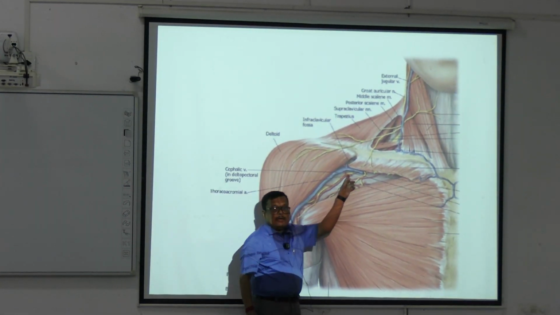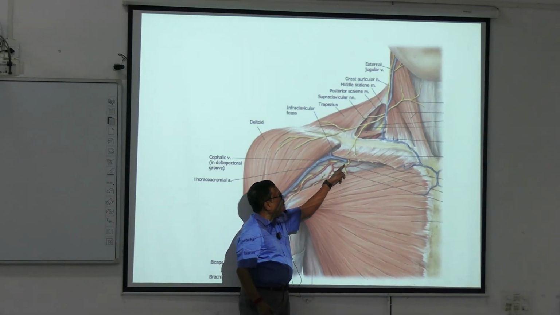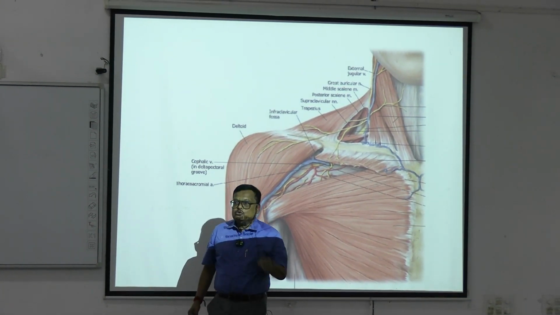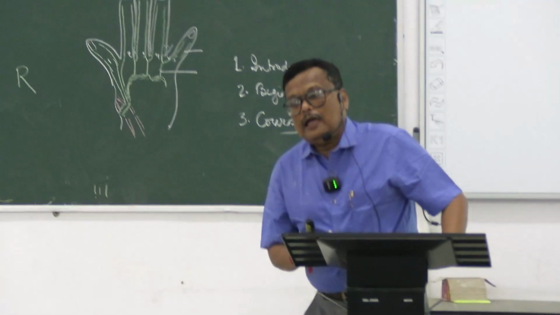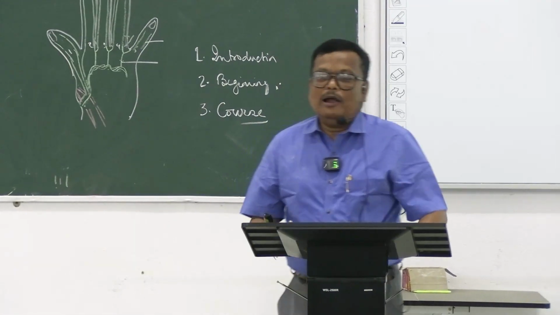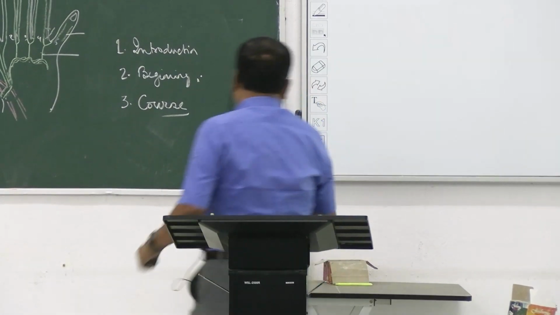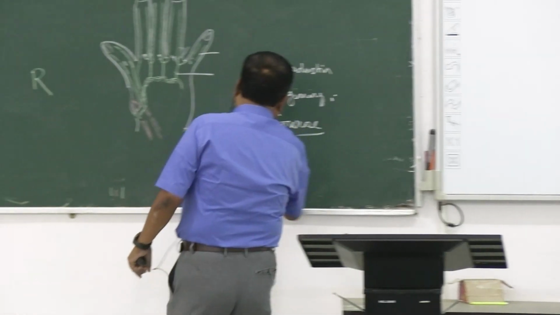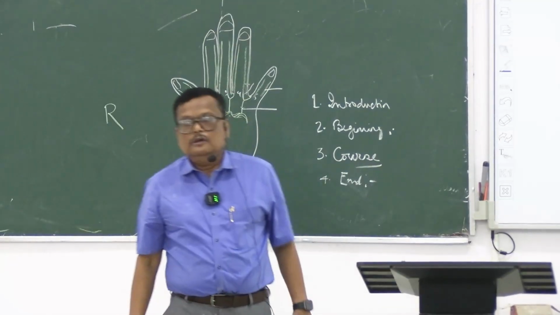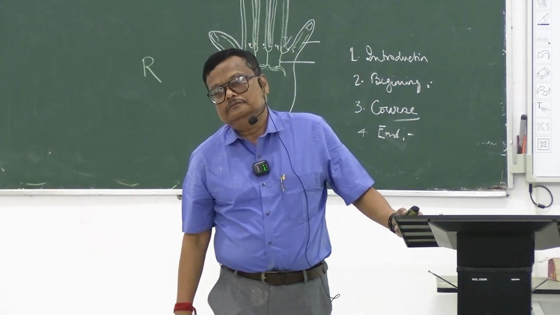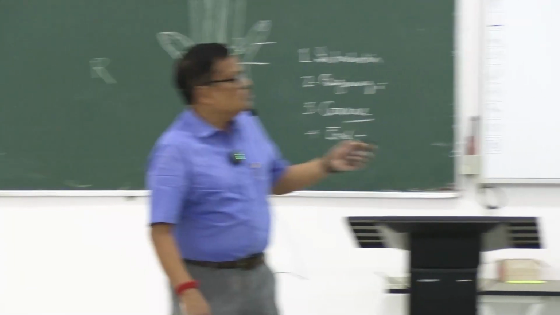Look, this is important, one of the applied anatomy questions. It makes a right angle bend, a 90-degree bend, and pierces the clavipectoral fascia to drain into the axillary vein. So ultimately it pours all its blood into the axillary vein. Now the next point is the end. When writing the course, write: it pierces the clavipectoral fascia and ends by joining with the axillary vein. Like a tributary falling into a big river. So here it ends.